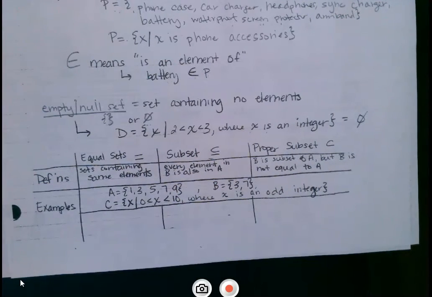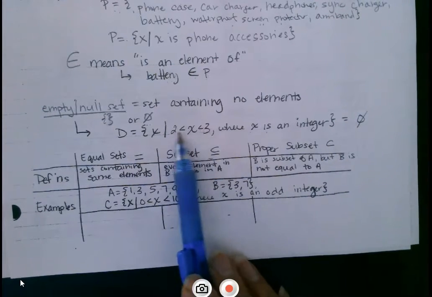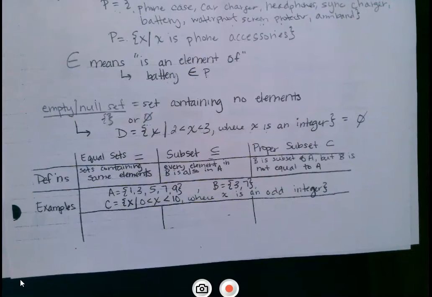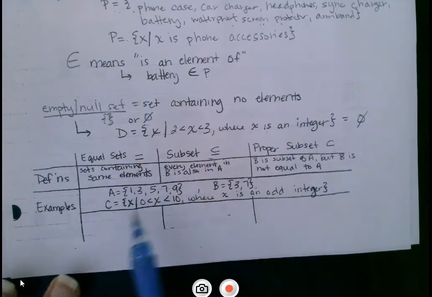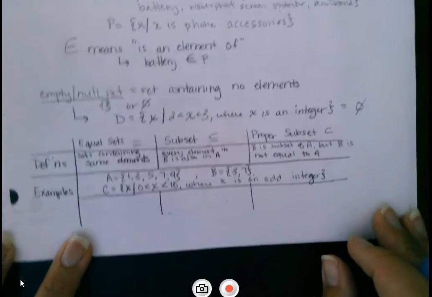Integers are positive, negative, or 0. But there's not an integer, like there's not a number between 2 and 3. So the set is null. So I say we'll do some more examples or some practice of this.